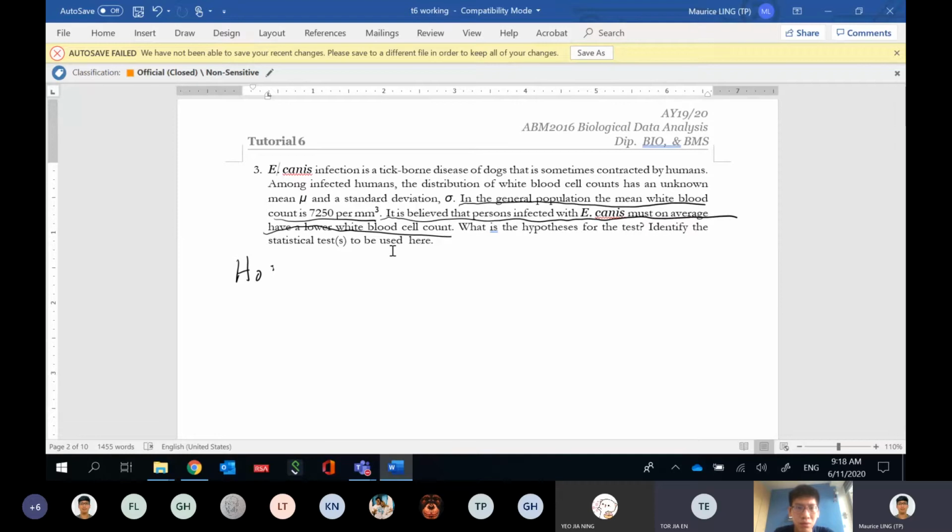So it's just mu equals 0. Your white blood cell count equals 0? Oh, okay. Should be 7250. Yep. Then the alternative will be mu is lesser than 7250. Yep, lesser than 7250. So then what test should you use?